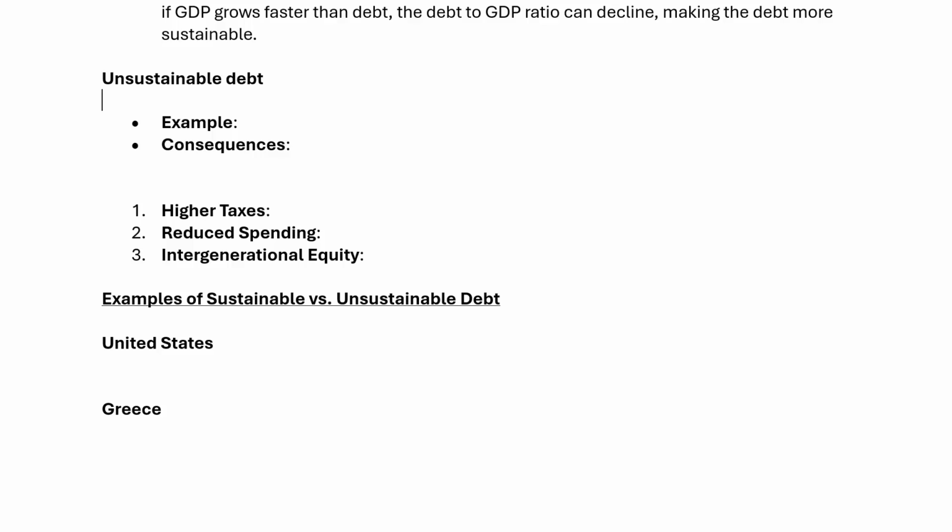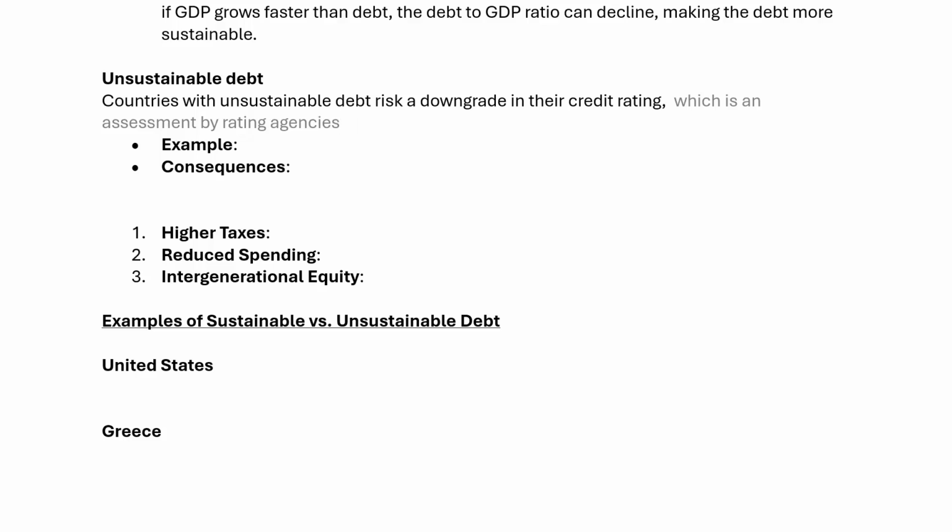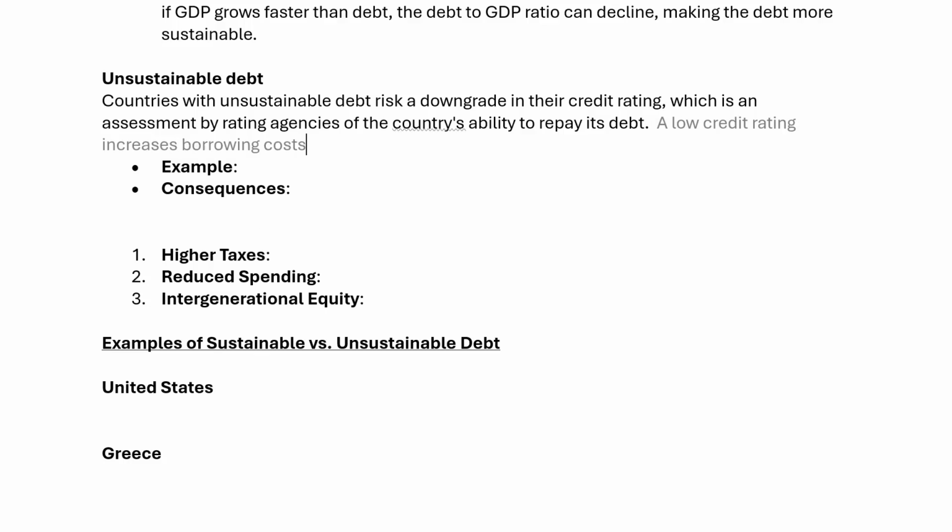Countries with unsustainable debt risk a downgrade in their credit rating, which is an assessment by rating agencies of a country's ability to repay its debt. A low credit rating increases borrowing costs as lenders demand higher interest rates to compensate for the risk.